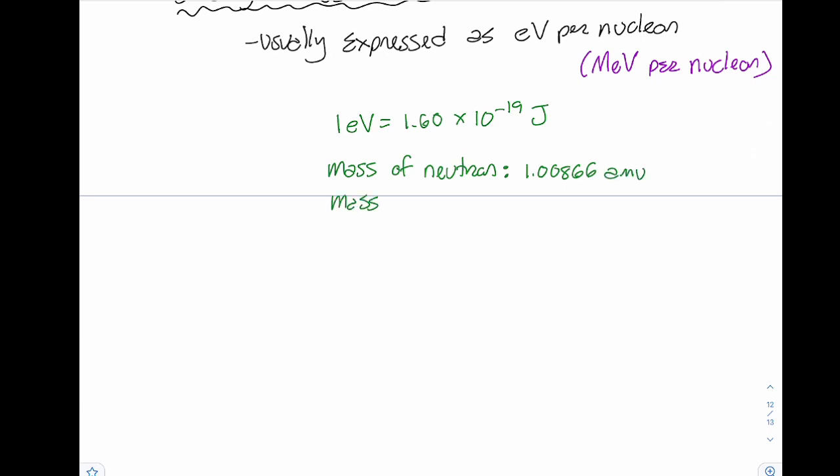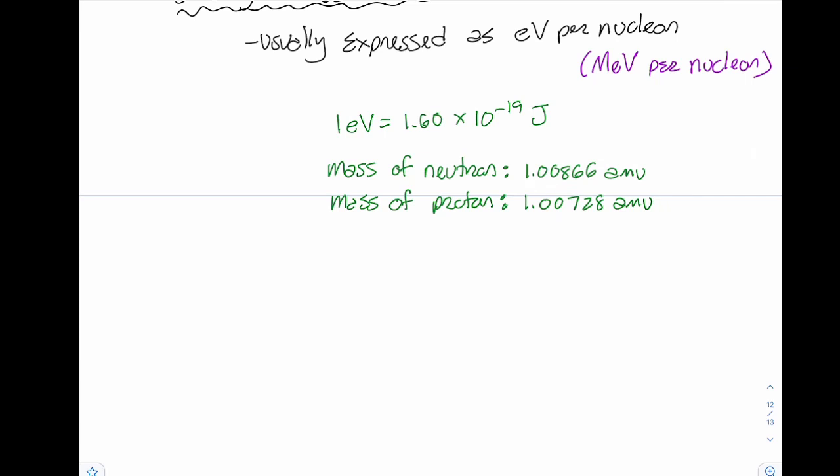The mass of a proton is 1.00728 atomic mass units, right? We've always said that the mass of a neutron and the mass of a proton are very similar. They're not exact, as we can see, but they are very similar. If we were to round them to 3 significant digits, they'd both round to 1.01.